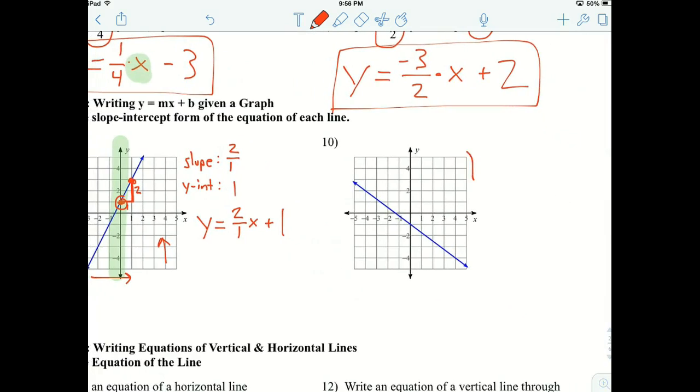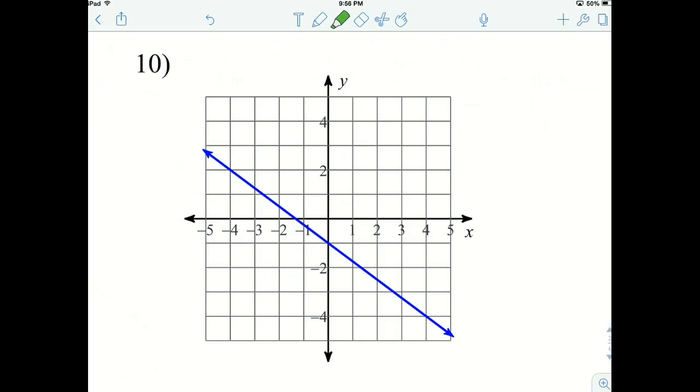And let's do one last example here. We have a y-axis here, so we'll identify our y-intercept as the place where it crosses there. And then we'll look for another place where it neatly crosses the axis, or the grid lines.